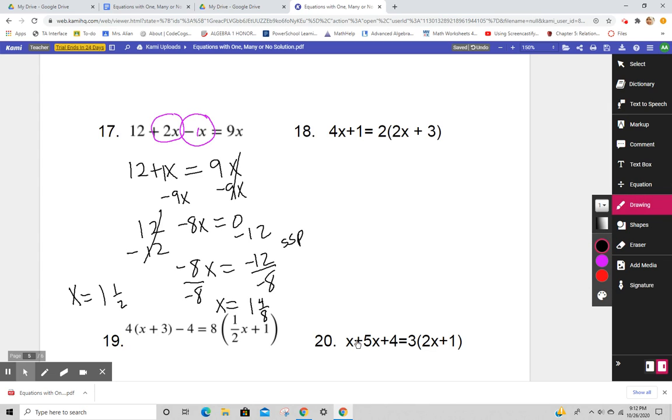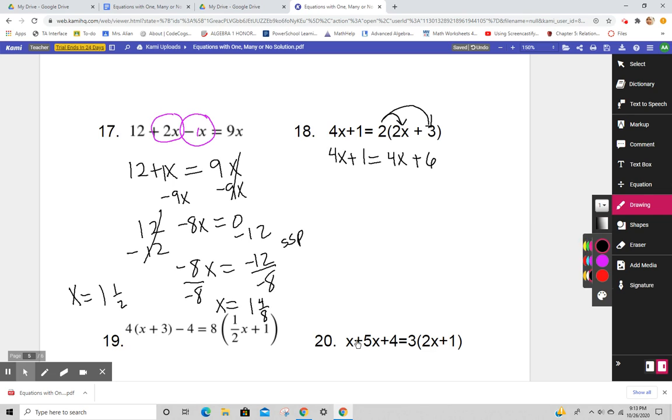All right, let's go to the next one. So this is just going to be 4x plus 1 on this side. We will distribute on this side 2 times 2x to give us 4x. And 2 times 3 will give us 6.